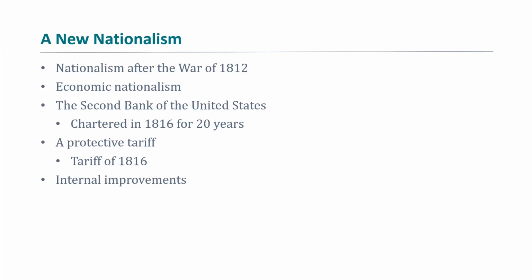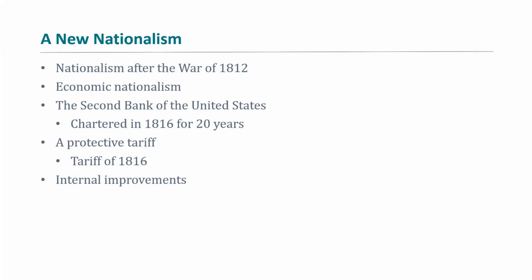And then finally, the War of 1812 sort of shows that we need to make internal improvements, right? And this is called infrastructure. Infrastructure is things like roads and sewers and telephone lines and all of those things that we think of today that the government is sort of responsible for, because obviously you understand, you don't build your own sewer, right? You don't build your own roads.